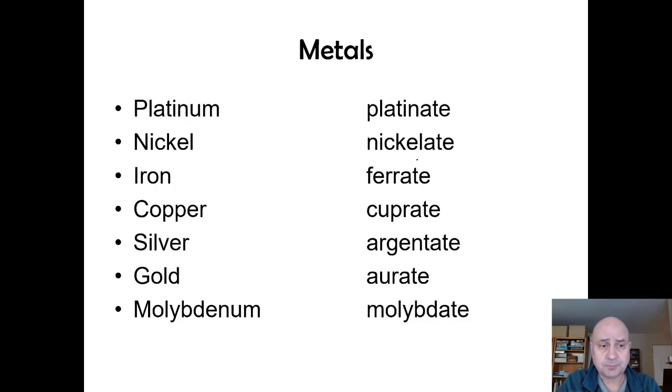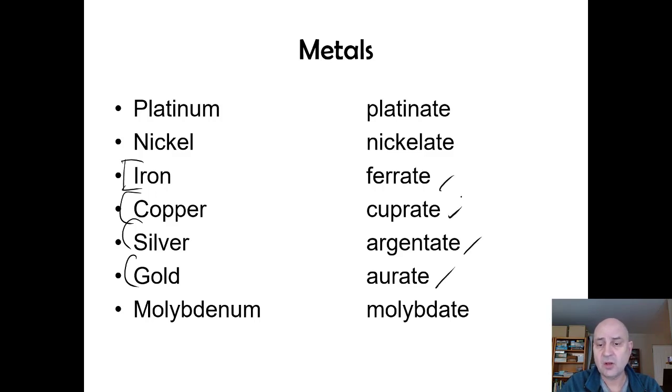That's very important. Here are some examples of names of metals when they are part of an anionic complex. Sometimes we use the Latin name: iron, copper, silver, and gold. We don't call it ironate, we call it ferrate, cuprate, argentate, or aurate.